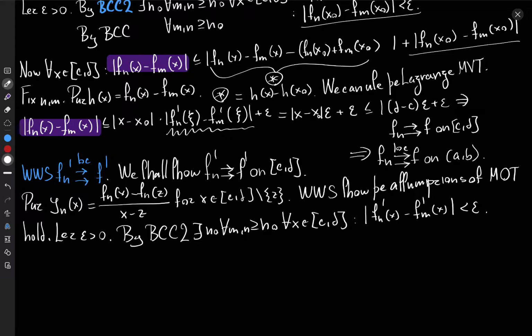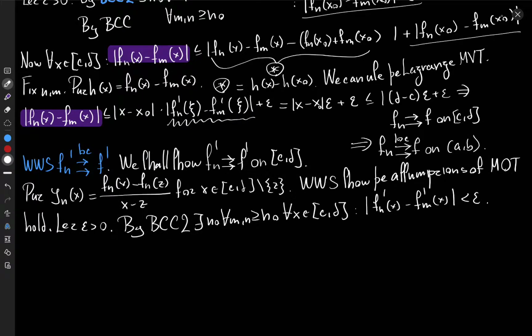Now, similarly to what we did in part 1, we take f_n(x) minus f_m(x) minus this monstrosity again, f_n(z) minus f_m(z).